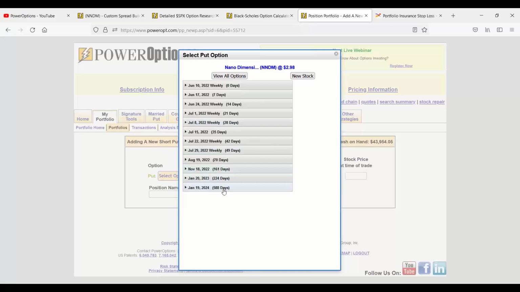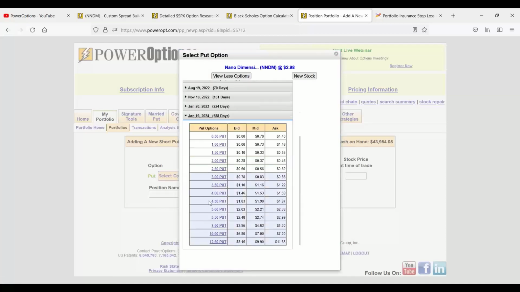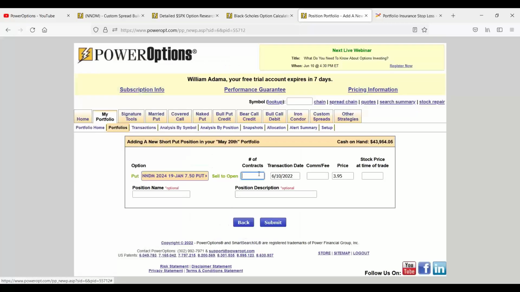And I'm not going to say I'm going to cheat, but I'm going to cheat first, and I'm just going to use the 5 contracts of the 7.5 put first. Oh, sorry, folks. All right, and we sold 5. Date doesn't matter, and we collected a premium of 447 for this 7.5 strike put, January 2024 on NNDM.